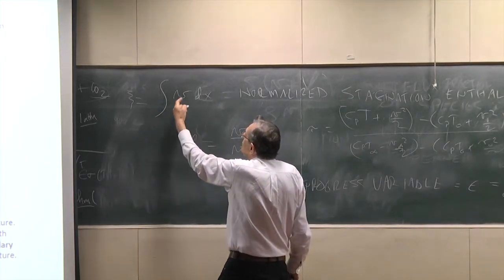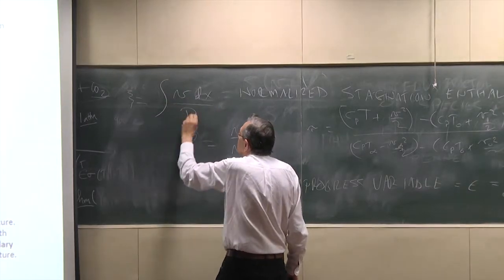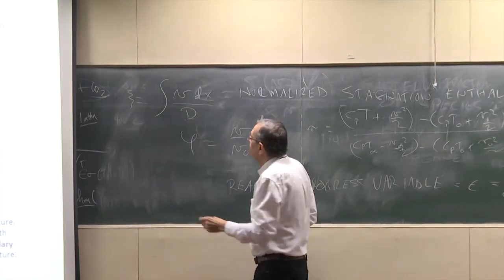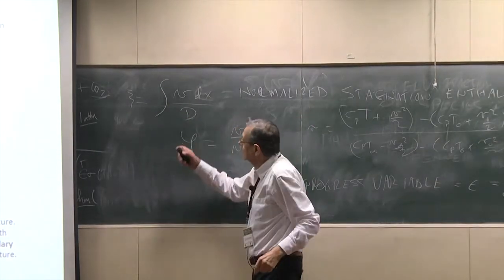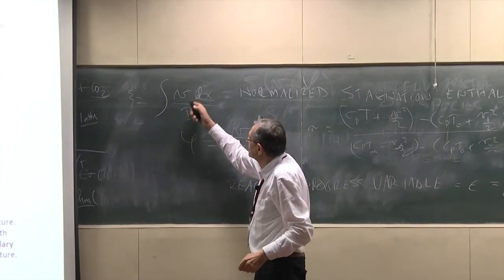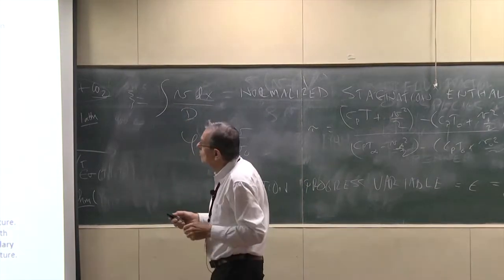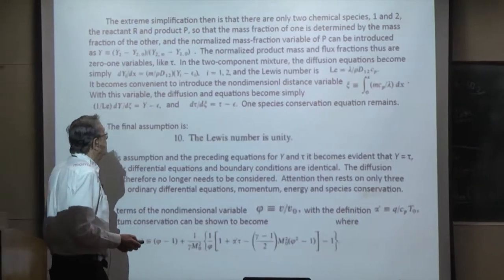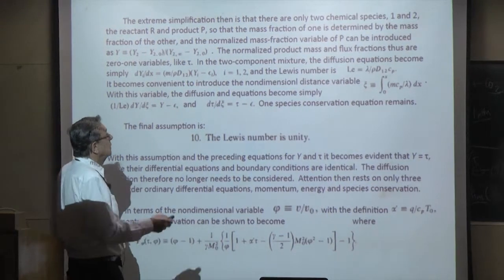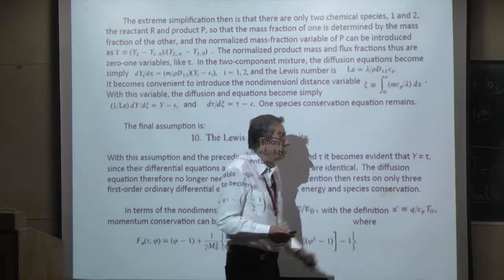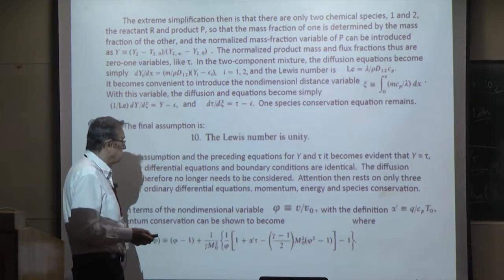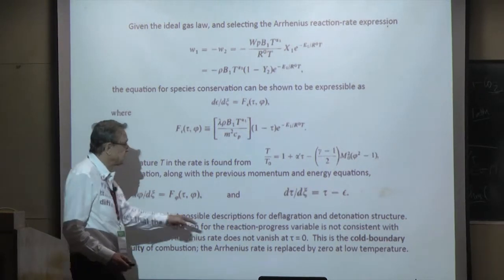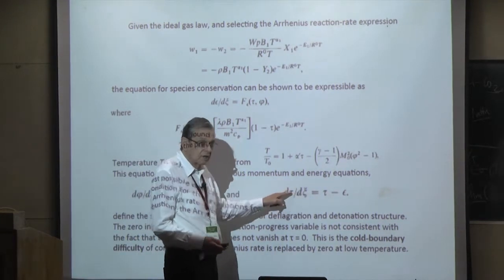That has units of length squared over time, divided by a characteristic diffusivity, which does vary as inversely as rho. And so this is the non-dimensional distance that's introduced. In terms of that non-dimensional distance, this is the form of the viscous term. This is the form of the heat conduction.